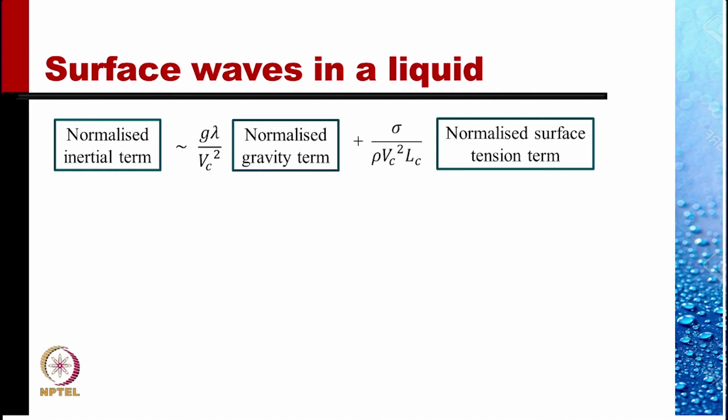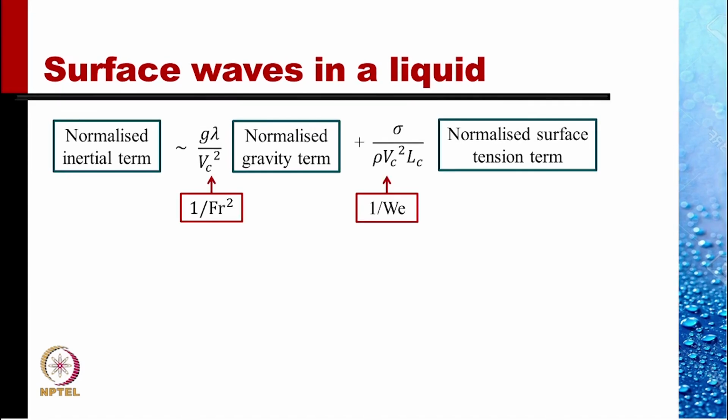The normalized gravity force would have g lambda by Vc square as its coefficient, and the normalized surface tension force would have sigma divided by rho Vc square Lc as its coefficient. The first is recognized as 1 over Froude number squared, and the second is recognized as 1 over Weber number.